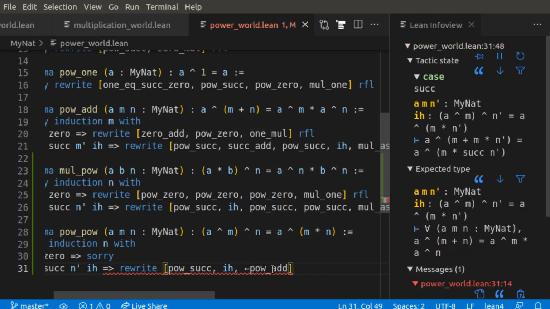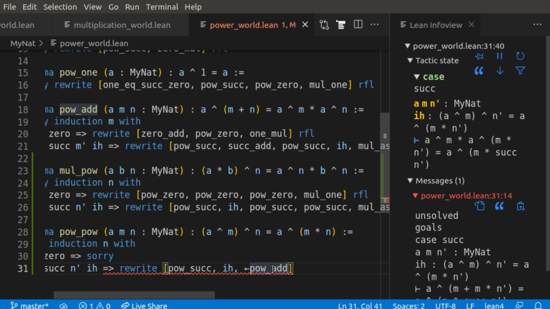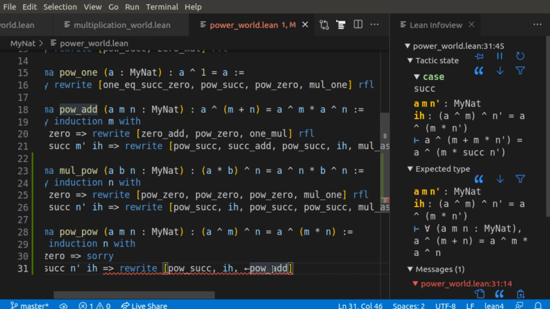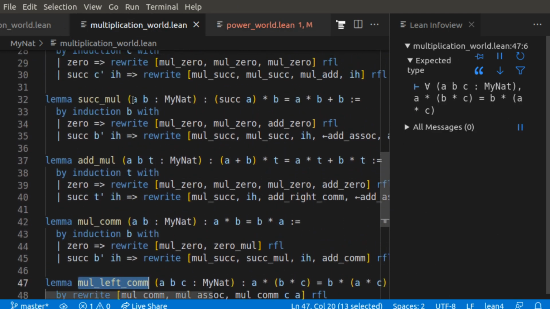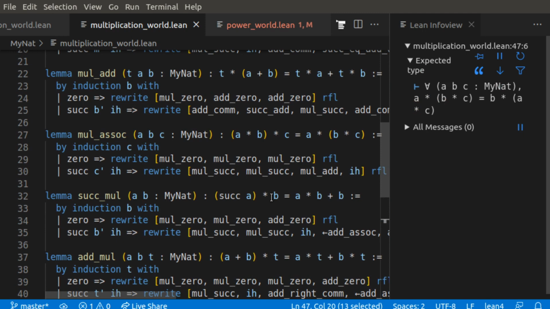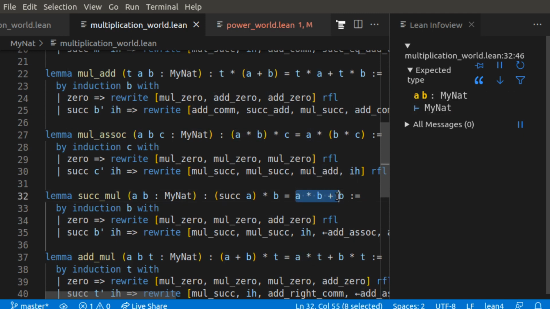Did that work? Yes, okay, nice. So it's a to the power of m plus m times the power of n. Great, we know how to deal with this. That's just mole successor or something in reverse. Successor mole. Or mole successor.